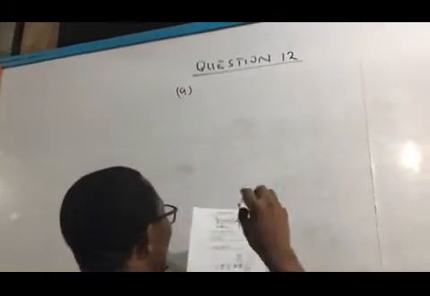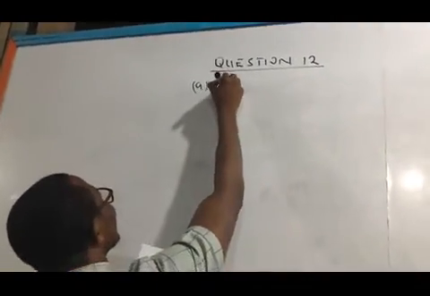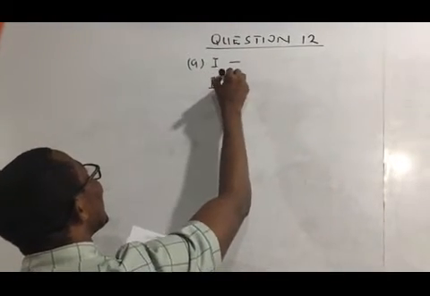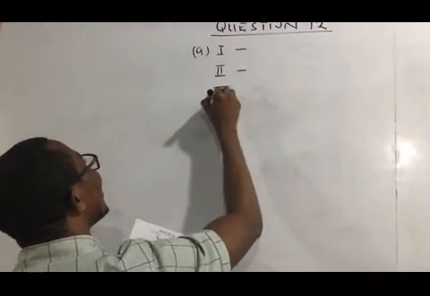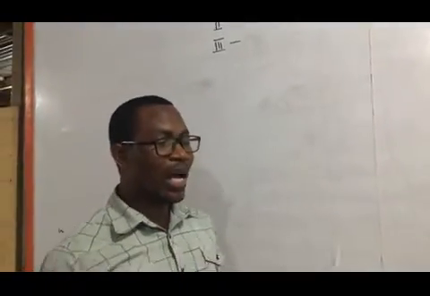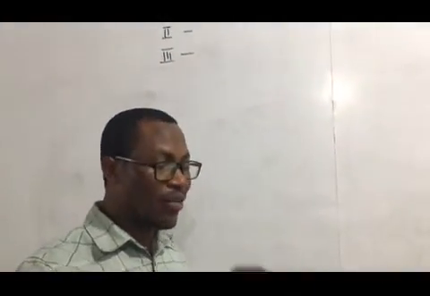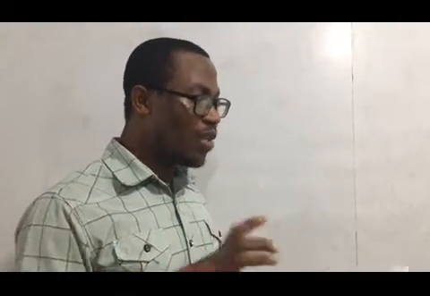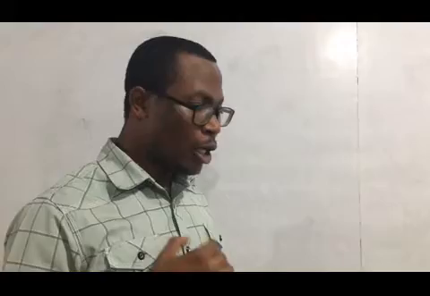A. We are supposed to label the parts I, II and then III. Okay, so the part labeled I is a glass tube. In the previous section, I told you that whenever you have an apparatus and it is being heated, you have to name the apparatus by adding the word hot, because if it is a normal apparatus and you heat it, it will end up breaking.